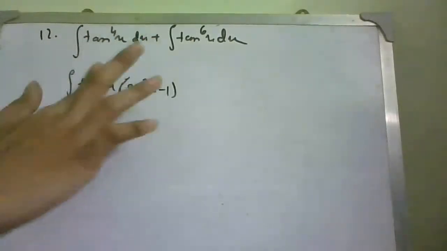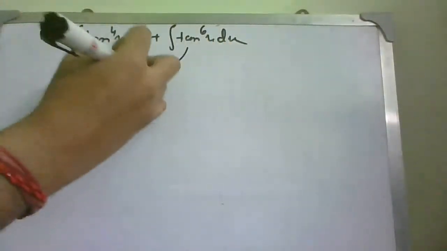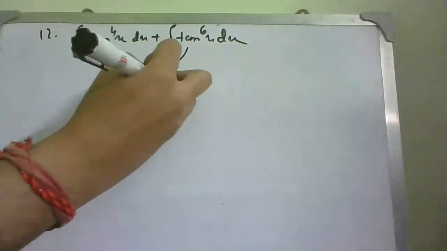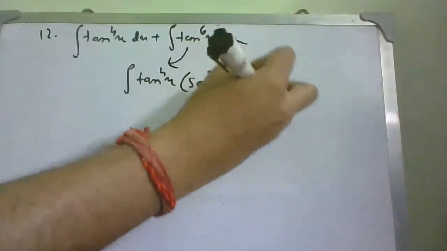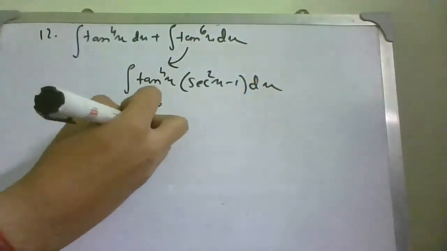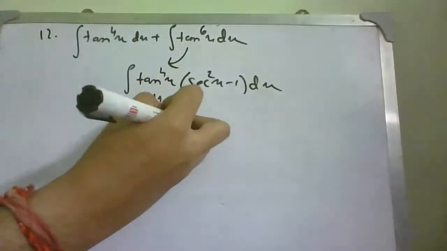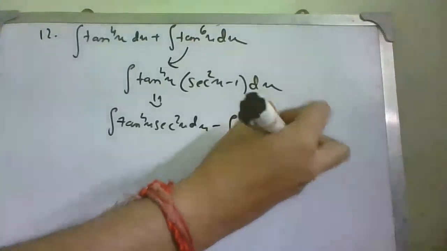Instead of solving this, what if we solve this? Tan to the power 4x times (sec square x minus 1) dx. If we solve this, we will have integral of tan to the power 4x sec square x dx minus integral of tan to the power 4x dx.